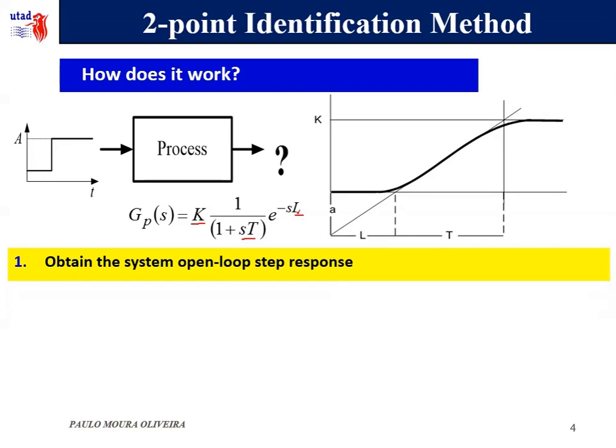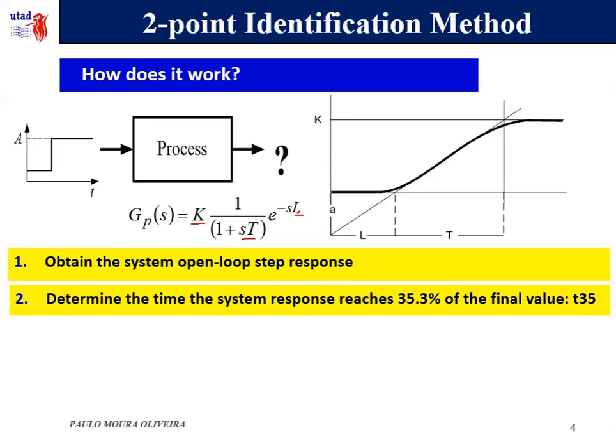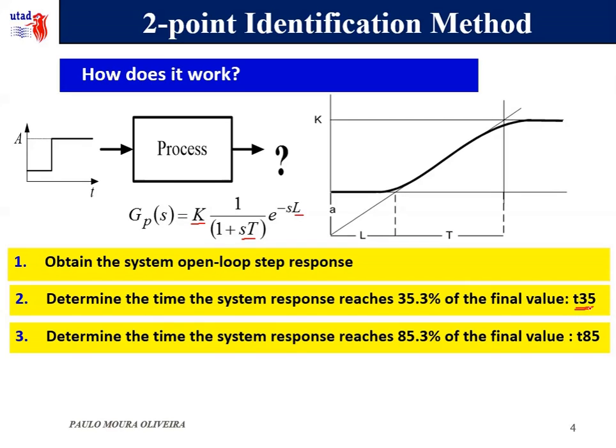The procedure is like this. First, obtain the system open loop step response. Then we have to determine the system response at 2 points. When it reaches 35.3% of the final value, we store the time corresponding to this point, and the time where the system reaches 85.3% of the final value, which we are going to call T85.